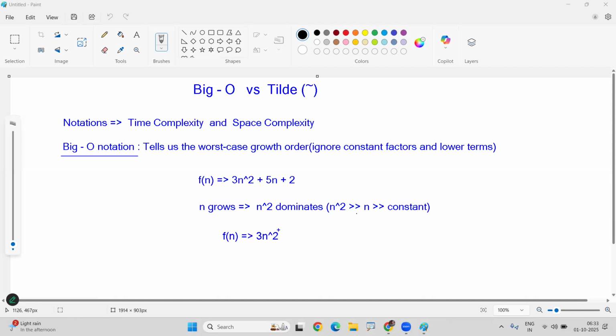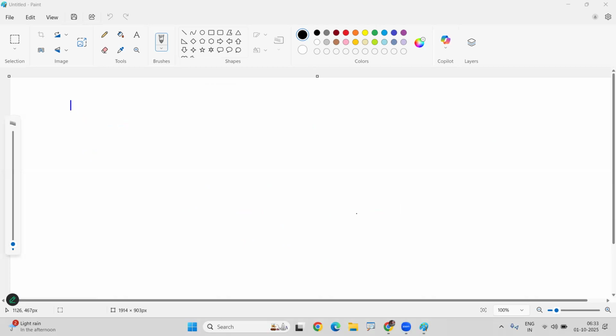Hope you got it. But what is tilde notation? Now we consider tilde notation. It represents a more precise approximation of the running time. Approximately, you have to tell.